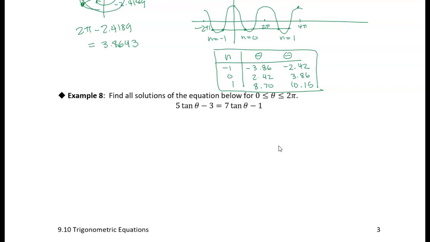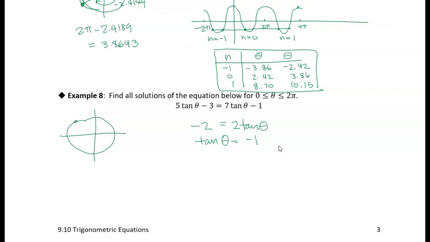So if I just subtract 5 tangent of theta from both sides, I'll end up with, on this side, 2 tangent theta. And if I add 1 to both sides, I get negative 2 on this side. So that's basically telling me that tangent of theta equals negative 1. Okay, where is tangent negative 1? I can draw this unit circle, my really lopsided unit circle.